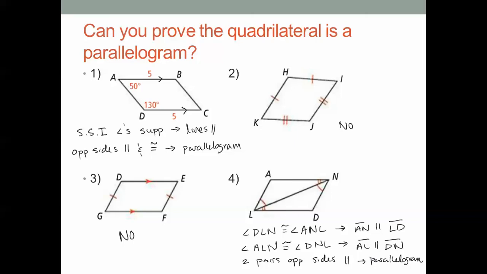Those are alternate interior angles, so converse of alternate interior angles theorem. Same with the other pair of opposite sides. Angle ALN is congruent to angle DNL. That tells us that segment AL is parallel to segment DN. And if both pairs of opposite sides are parallel, then we have a parallelogram.